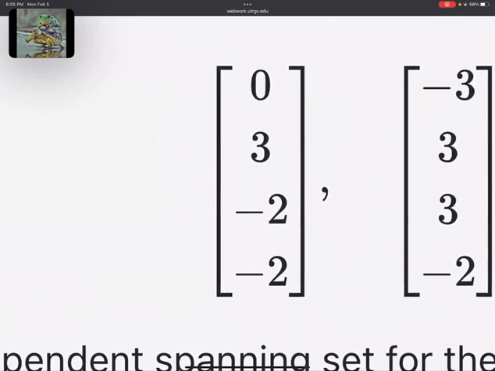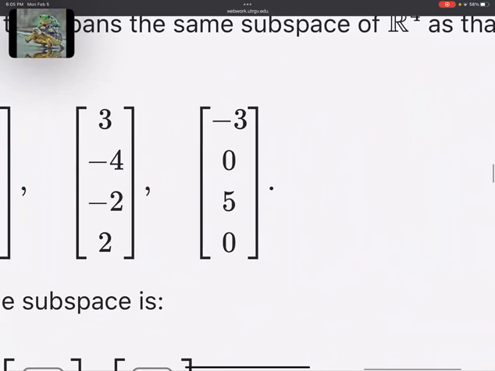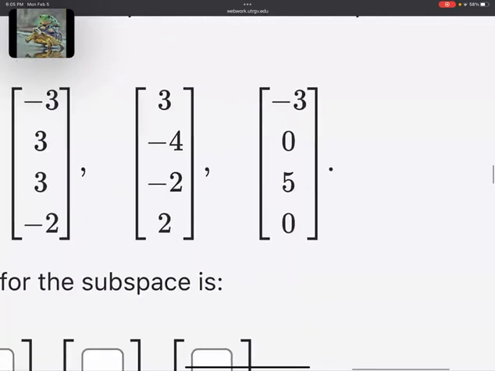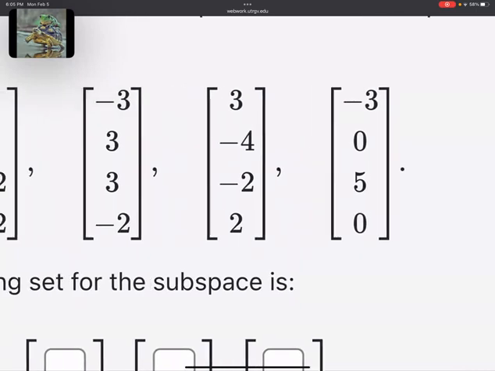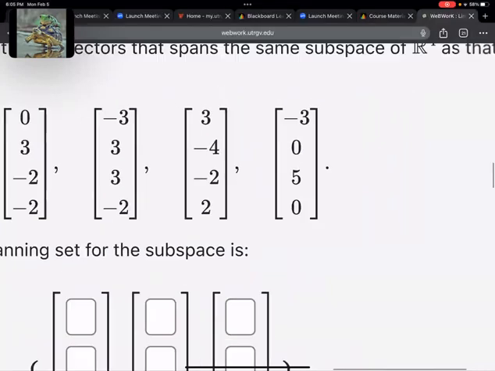That gives me some linear independence right there. And the last one has 0 on the second row and 0 on the last row. So the first one and the last one are really not related.